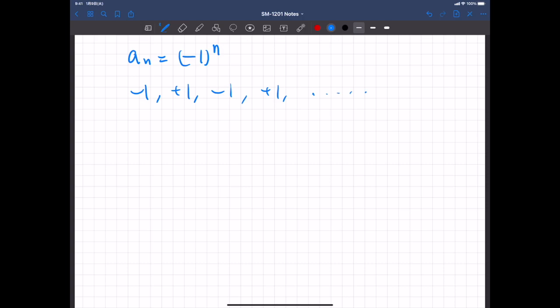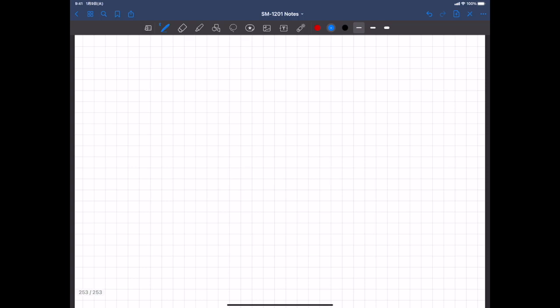So by now, I hope you have some idea about convergence and divergence. But the question now is, what do we really mean by convergence? To consider this question, consider this particular sequence, an equal to negative 1 to the power of n over n. We've seen this example before, but let's write it this way.